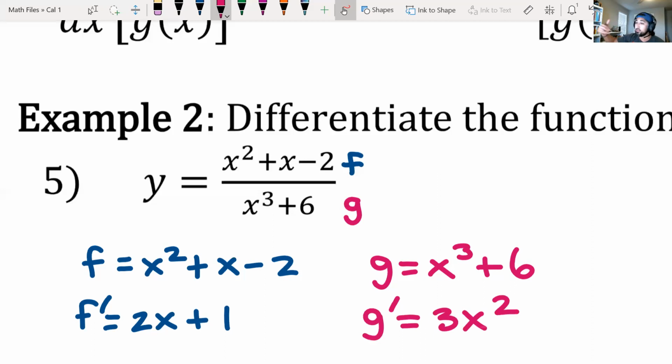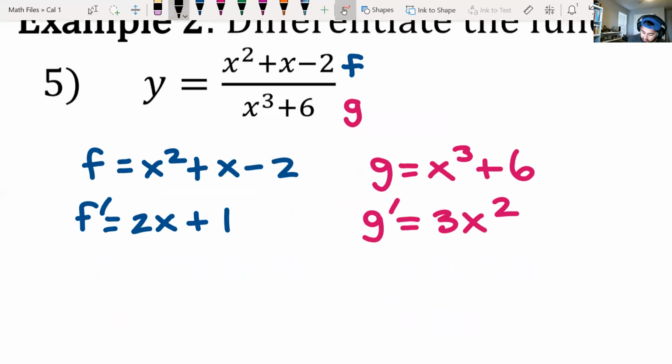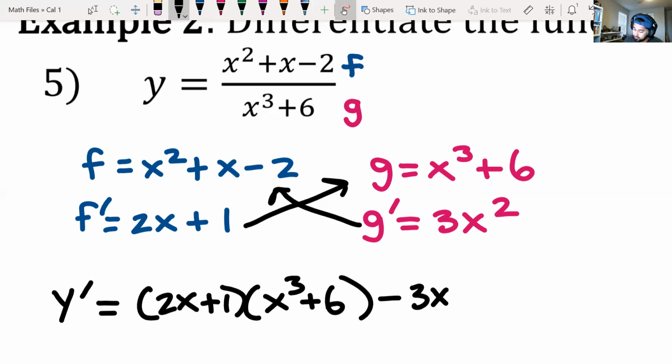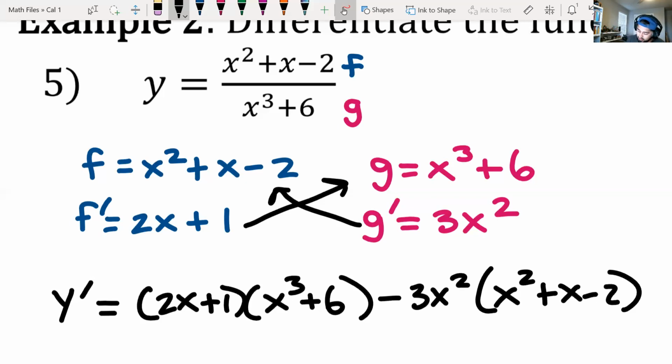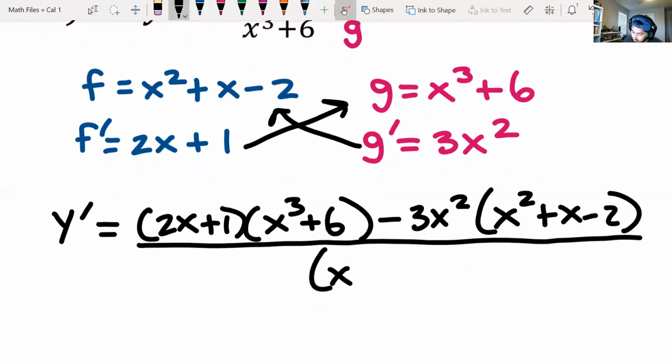All right, there's f, there's g, there's derivatives. Now let's follow the quotient rule. So y prime is f prime g, 2x plus 1 times x cubed plus 6, minus g prime f, 3x squared times x squared plus x minus 2, all over the original denominator, x cubed plus 6 squared.